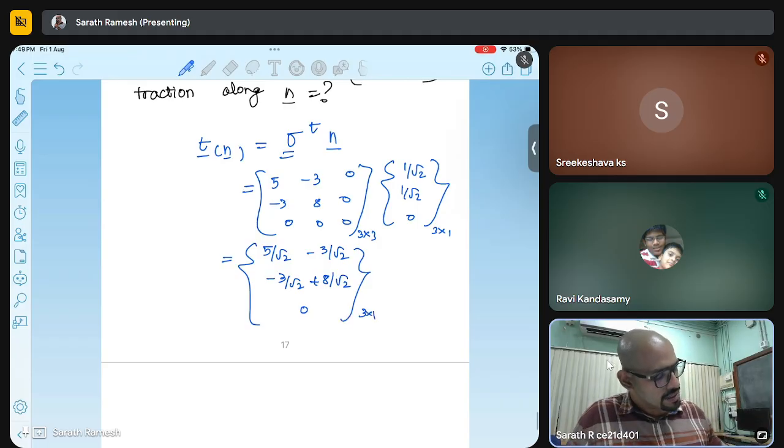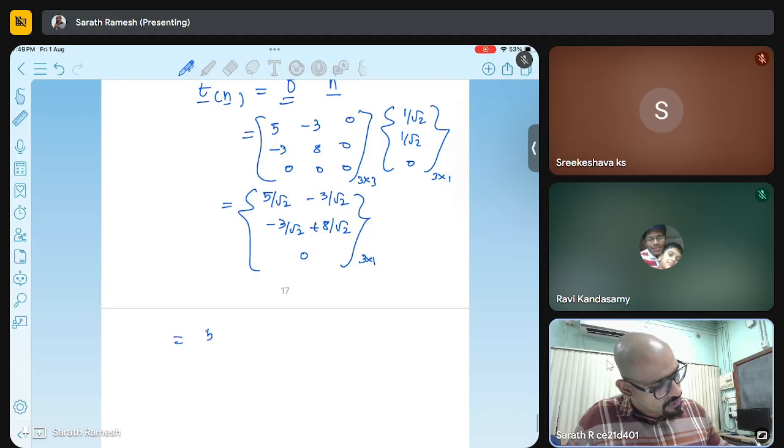So this is the traction. 5 minus 3 is 2, 2 by root 2 is root 2, so root 2 ex. Similarly, 8 minus 3 is 5, 5 by root 2 ey plus 0 ez. This is the traction vector.